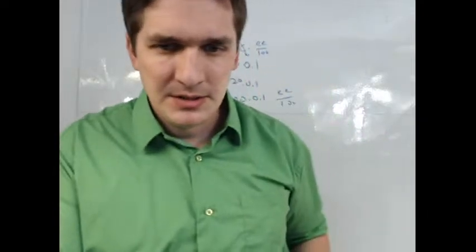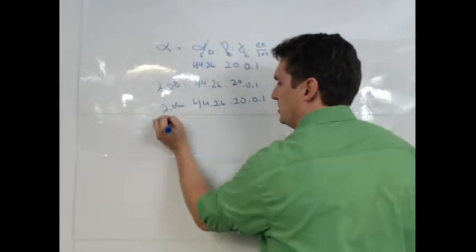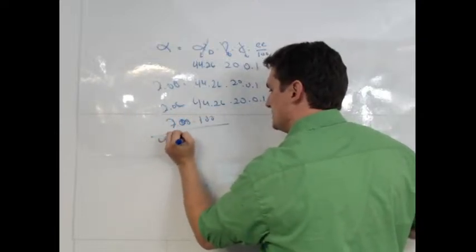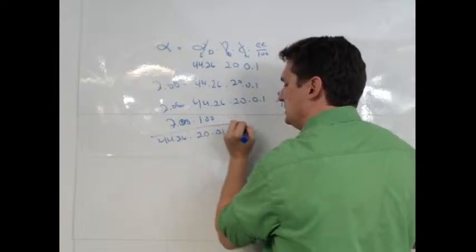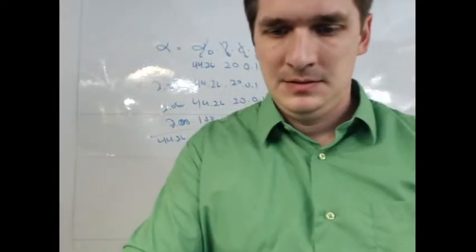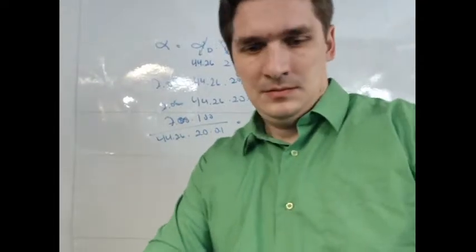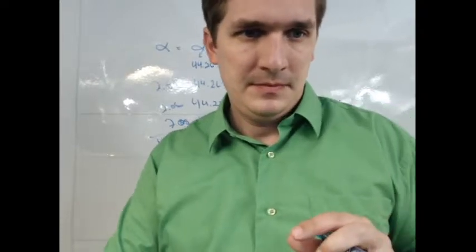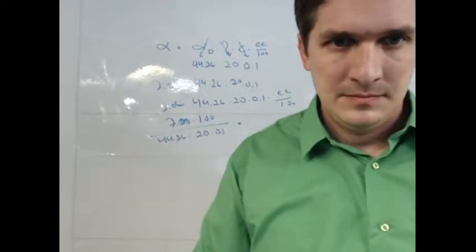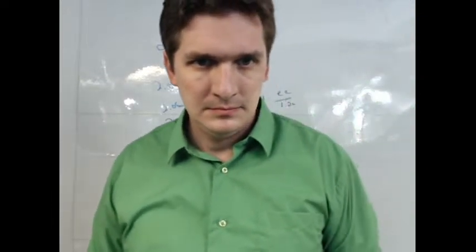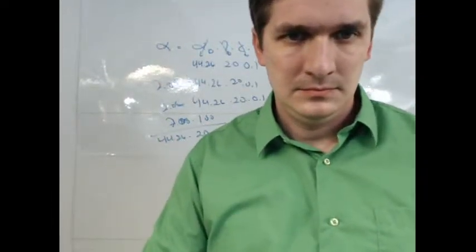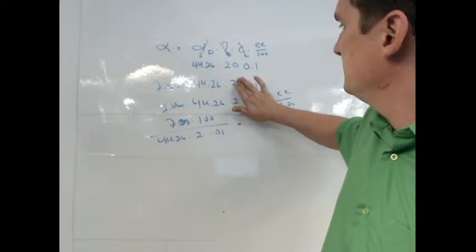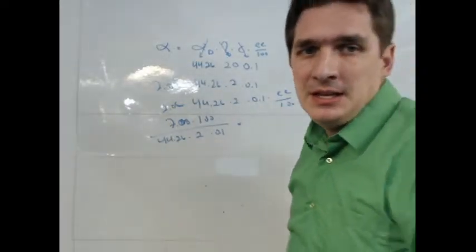If I rearrange this, I get 7.08 times 100 divided by 44.26 times 20 times 0.1. Sorry, 2 centimeters. It is supposed to be 2 centimeters. You get that the EE here is 80%.